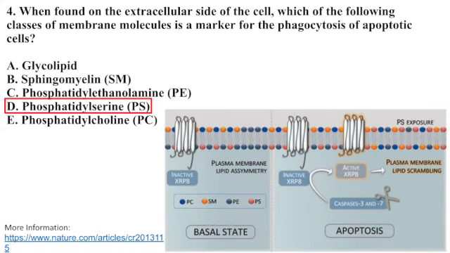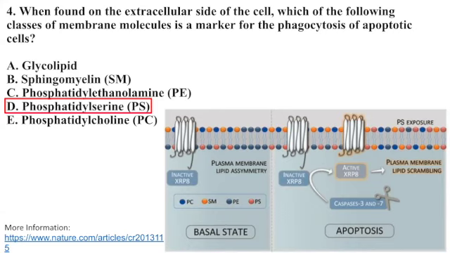And then sphingomyelin, or SM for short, is found in plasma membranes, but it's abundant in the myelin sheath that surrounds axons of nerve cells. And then PC at the end, so phosphatidylcholine, is a type of phospholipid found in membranes. It can be found in the inner leaflet of the lipid bilayer, similar to PS or phosphatidylserine.